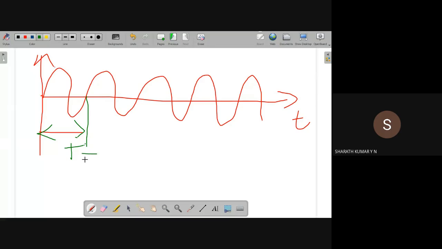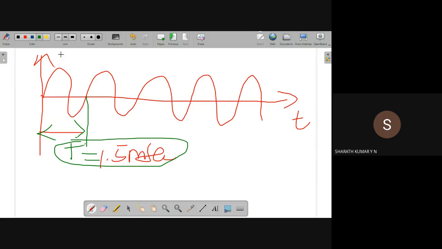Let us say this is some time, something like 1.5 seconds. Let me take a smaller time because I need to measure with respect to seconds. Let us say, for example, 1.5 milliseconds. This is the time period of this signal, voltage or current, whatever it is, around 1.5 milliseconds.